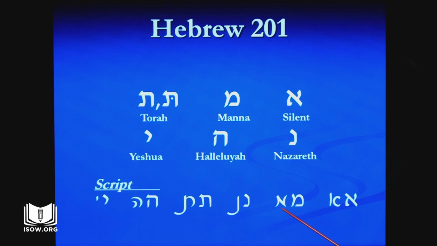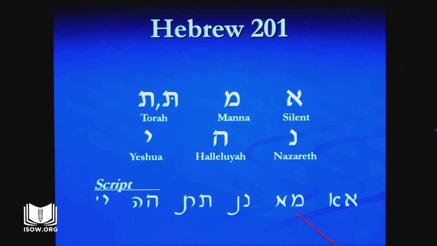In fact, it looks almost like an N. Well, here's the Nun, which in Hebrew gets the N sound, but here's the script letter. It looks similar, but it's a little different, and so on. Here's the Tav. Here is the Tav written in script. Here's the Hey. This is the Hey in script. And of course the Yud. And this is how the Yud is written in script. It's just a little dot, or as Yeshua said, a jot.